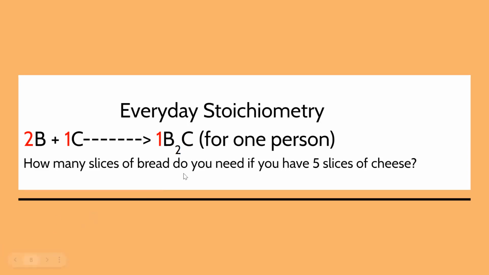You say, how many slices of bread do you need if you have 5 slices of cheese? Let's look at this problem. Or you can try it and see how you do it. I don't mean just answering it orally. I mean doing it the way you would write, using dimensional analysis to do it. Let's try that.